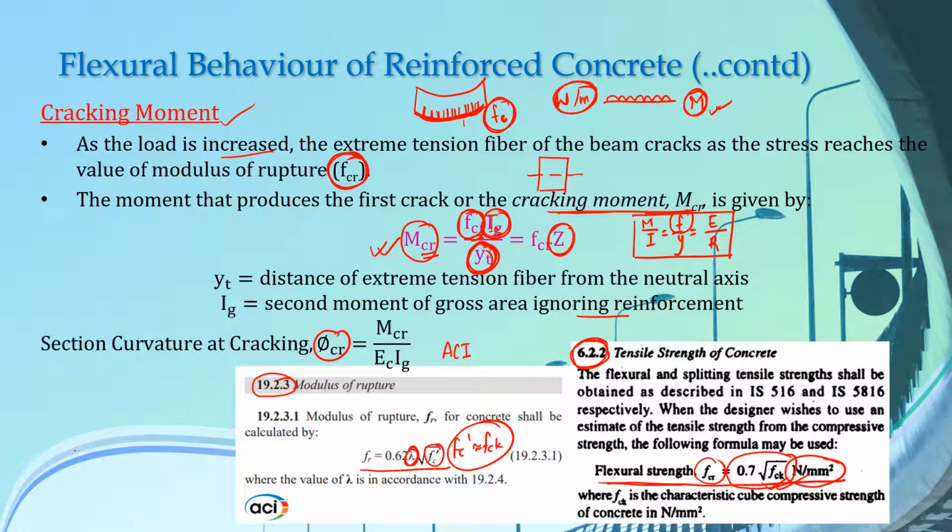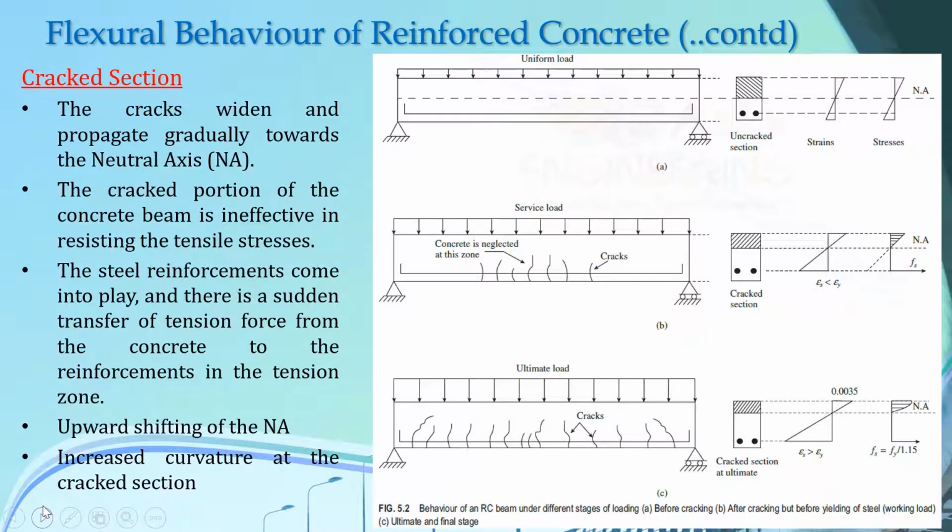So here we have discussed the condition at which the cracks have just started in the tension side of our beam. And finally, we will look at the cracked section. What happens is that the cracks first start to appear at the extreme tensile fibers, or extreme fibers in the tension zone. And gradually, these cracks start to propagate towards the neutral axis.